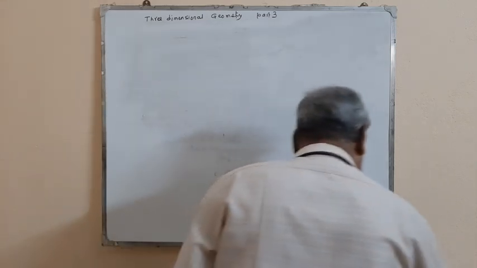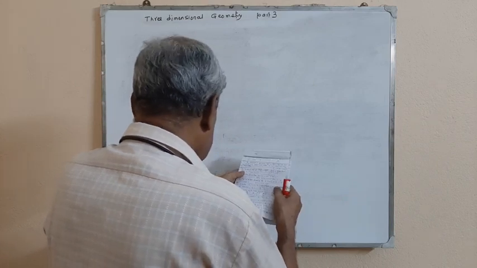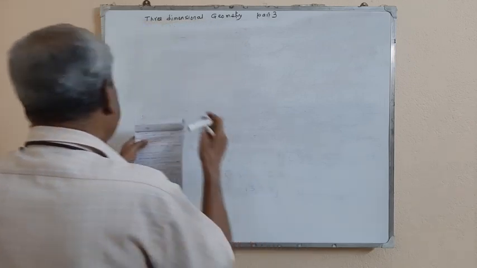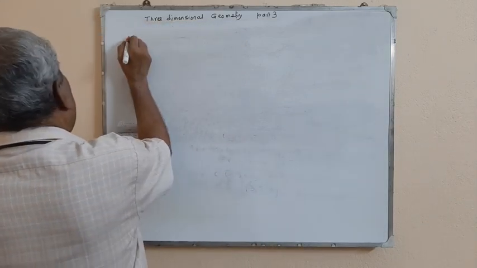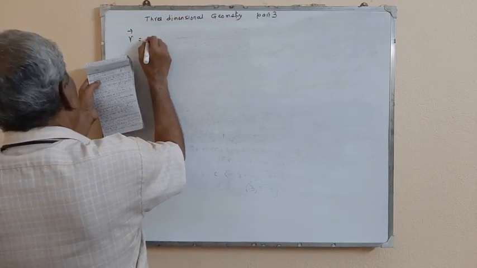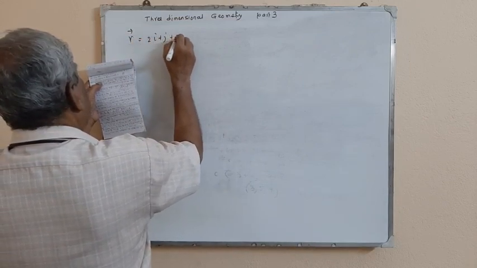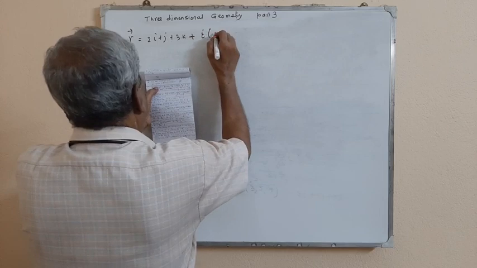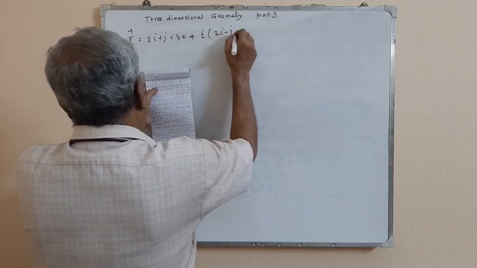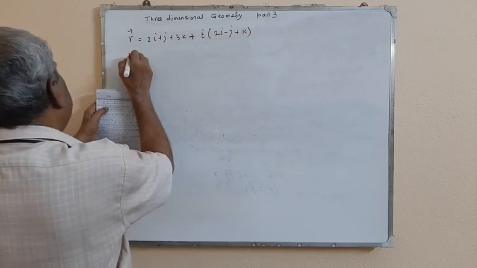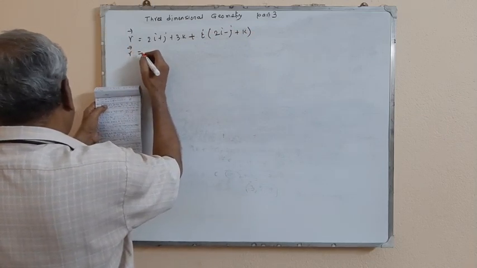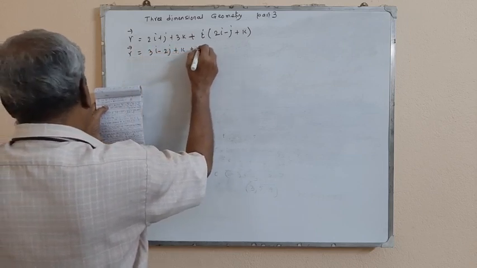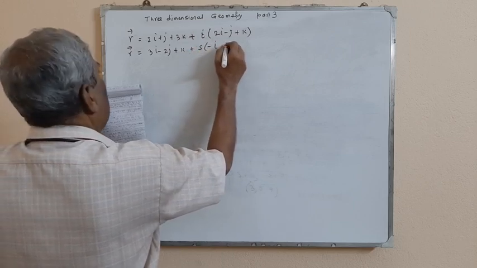Our next problem is the shortest distance between, again shortest distance between r equal to 2i plus j plus 3k plus t into (2i minus j plus k), and the second equation is r equal to 3i minus 2j plus k plus s into (minus i plus 2k).